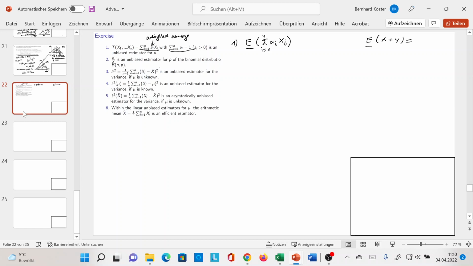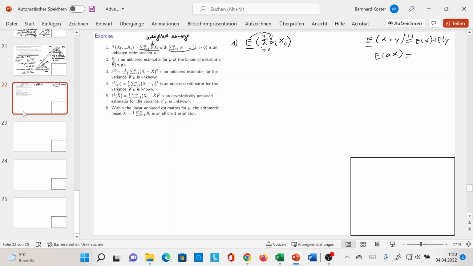If x and y are statistically independent, then we can say E of x plus E of y. And therefore, we can move this expectation value operator into the summation.